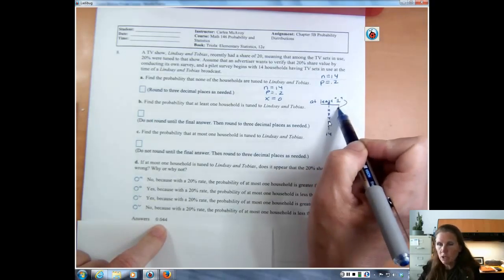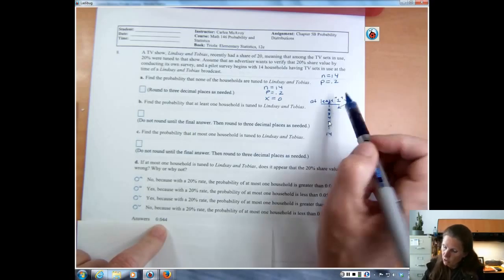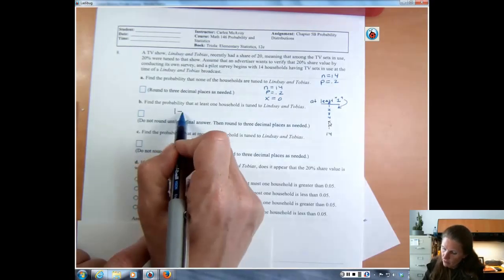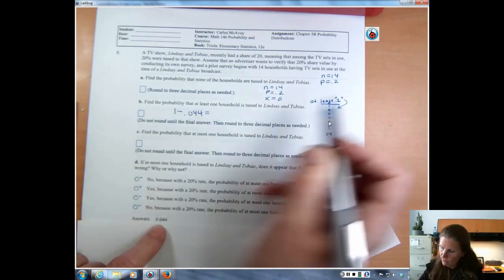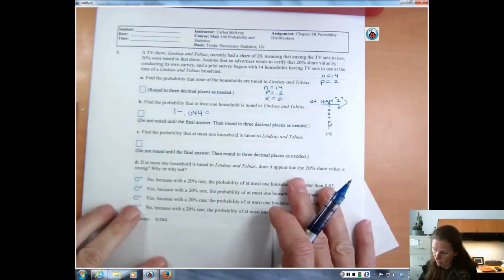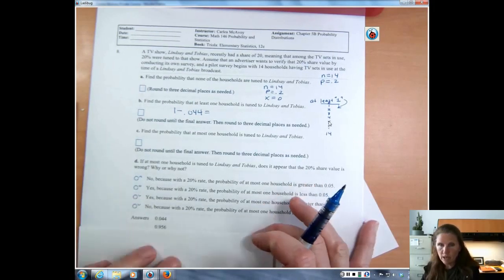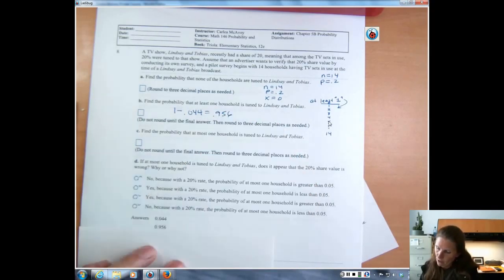At least one is everything else. So if I take 1 minus this probability, that's everything else, and everything else is 1 or more. If I subtract that from 1, I get 0.956. Do not round the final answer, then round to 3 decimal places.